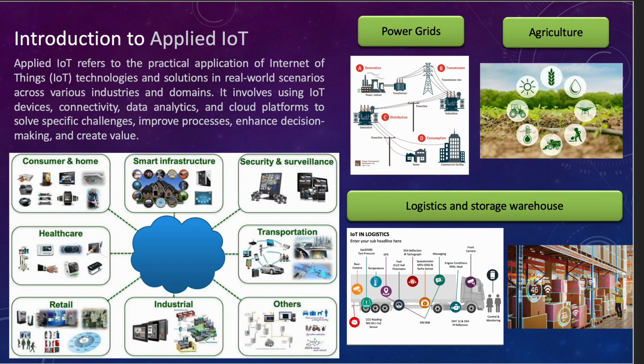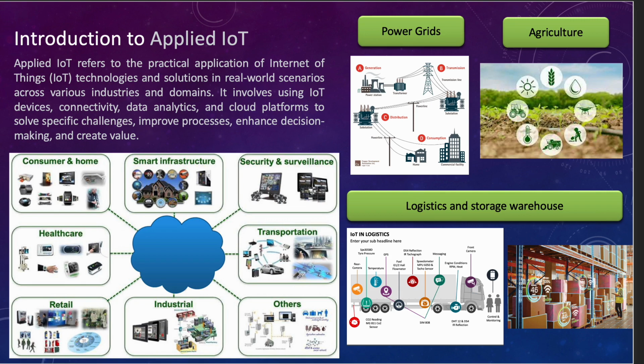Then, after understanding what IoT is and how it is used locally, globally, and industrially in different domains, we looked at an introduction to applied IoT. Applied IoT refers to the practical application of Internet of Things technologies and solutions in real world scenarios across various industries and domains.